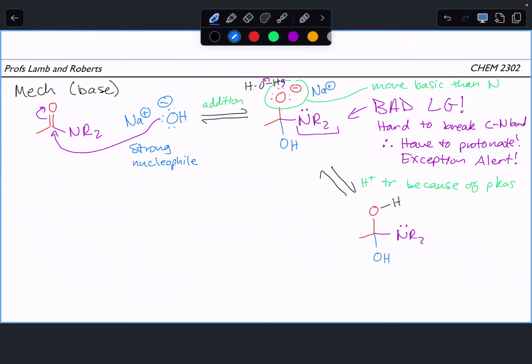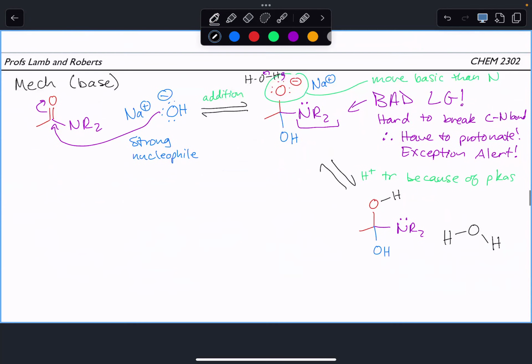Okay, then we need to do a second proton transfer from water to make a better leaving group. So this nitrogen now can grab a proton. Make sure that it's coming from water and not acid, because we do not have acid around in basic media, right? So this has to be water.